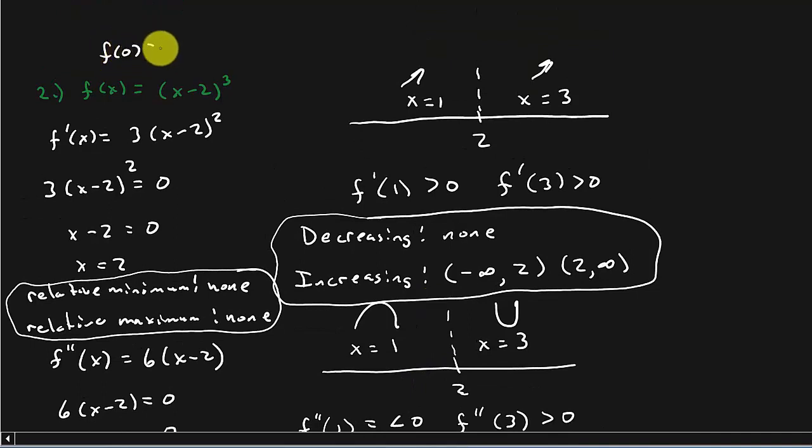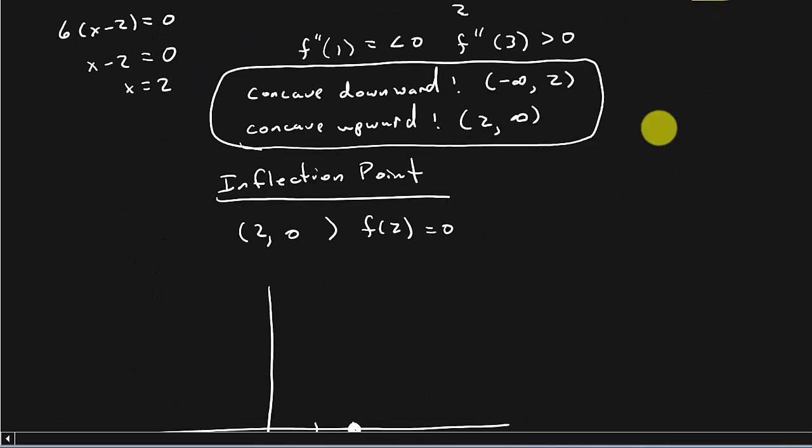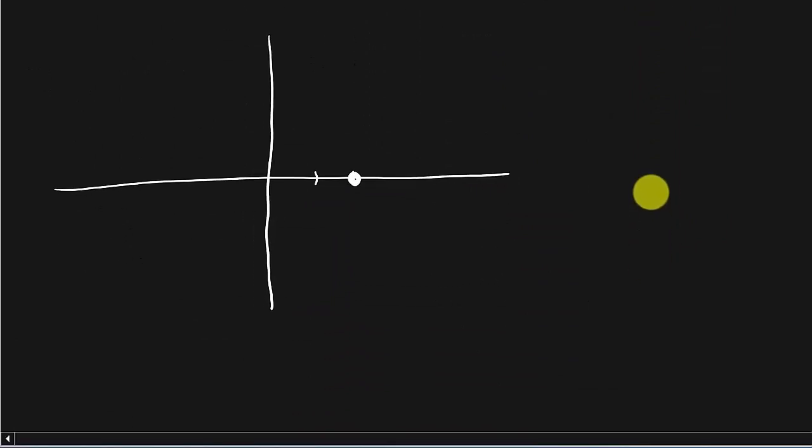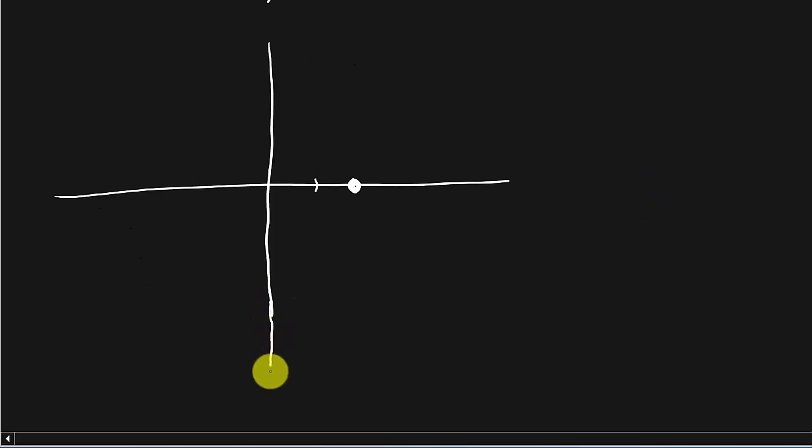We could evaluate this function at 0 and get 0 minus 2 cubed, which is 8. I'm sorry, it is negative 8. That would give us the point (0, negative 8), wouldn't it? So let's come down here and put that point (0, negative 8). And that'll give us 2 points to work with.